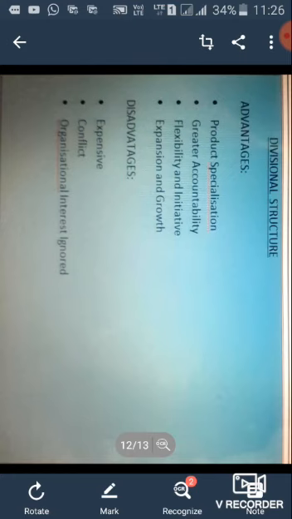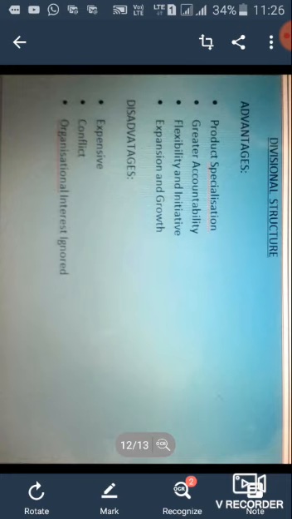That is, each unit in the divisional structure is doing the same kind of work: production, sales, marketing, etc. So resources are being duplicated. Each department is having a similar kind of task, unlike a functional structure.